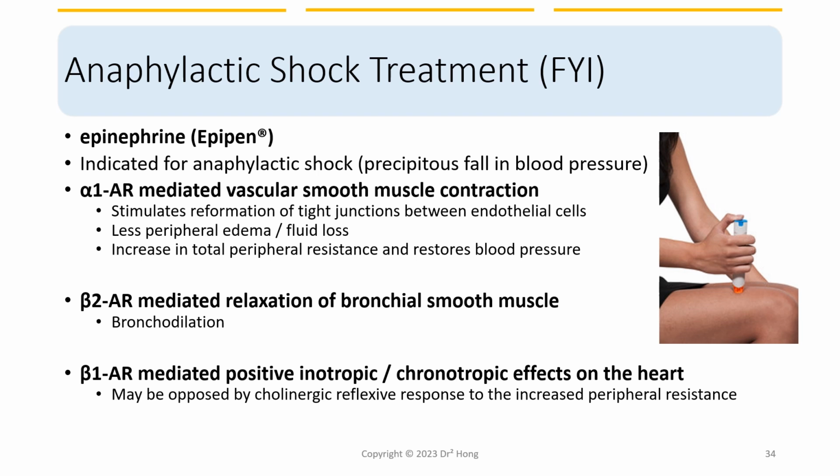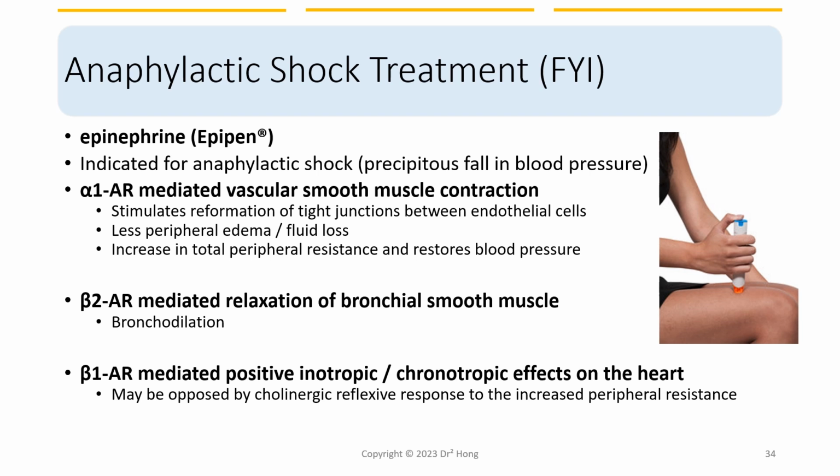To rescue anaphylactic shock, we have a specific treatment, epinephrine, under the brand name EpiPen. It is an injection into the thigh, and it's indicated for anaphylactic shock, particularly to prevent a fall in blood pressure and also reverse the bronchoconstriction. If you are my pharmacy student, you will be familiar with these alpha and beta receptors.